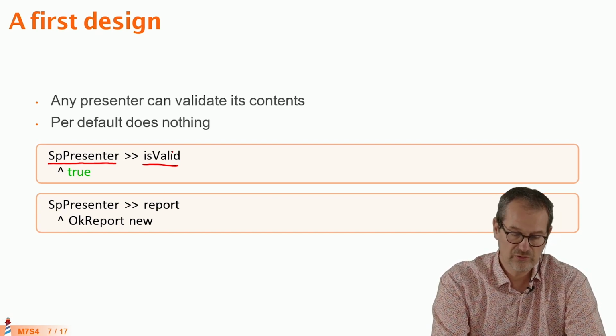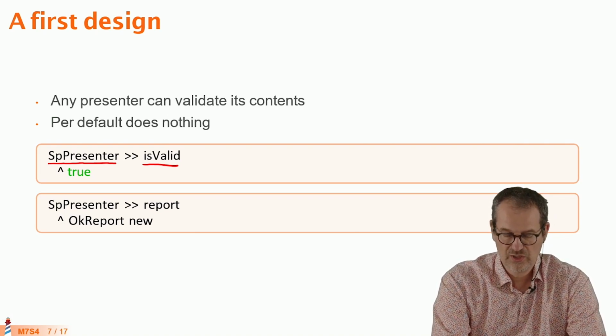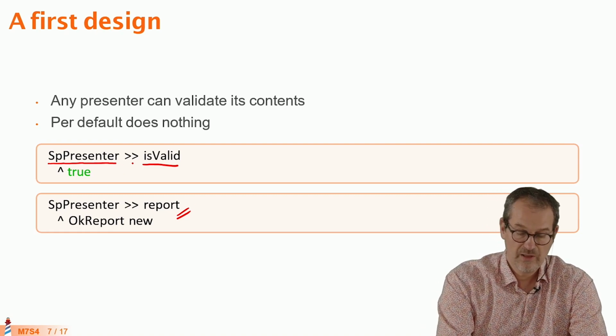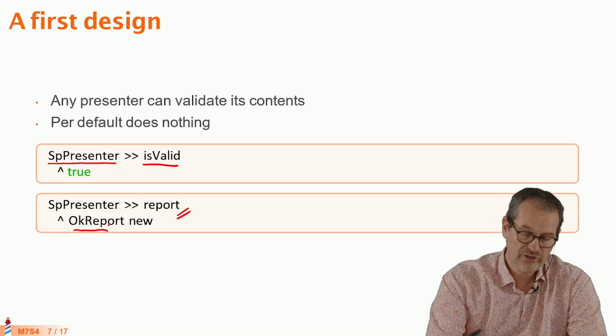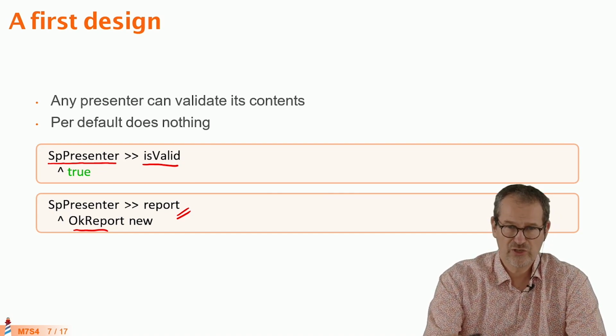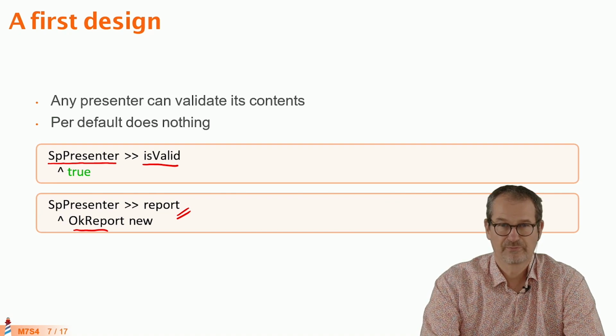The widget could say, was my input correct? Yes, no, and then what should we do in terms of mistakes? By sending a report, and by default the report could be, okay, I am the OK report, like a neutral operation in maths, a bit in the same idea.